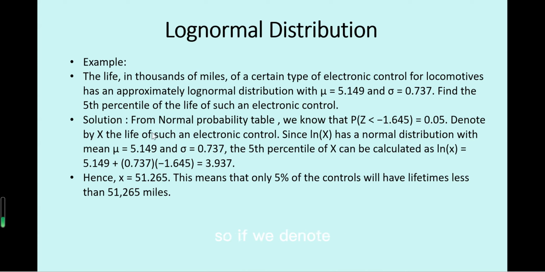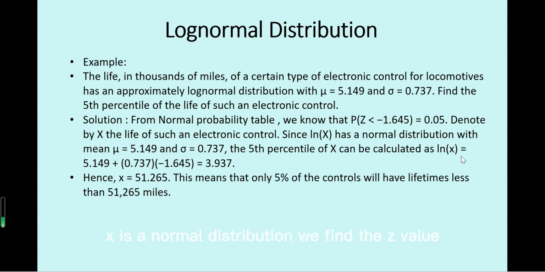If we denote X as the life of such an electronic control, since log X has a normal distribution with mean mu 5.149 and sigma 0.737, the 5th percentile of X can be calculated first as log X.